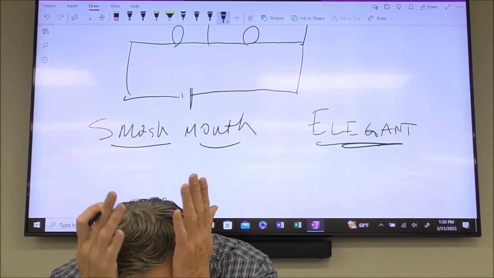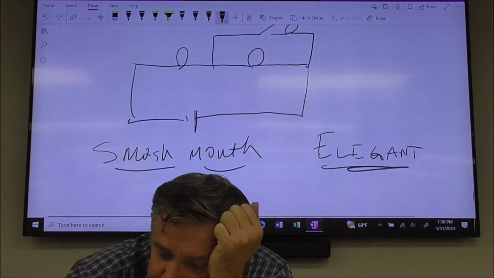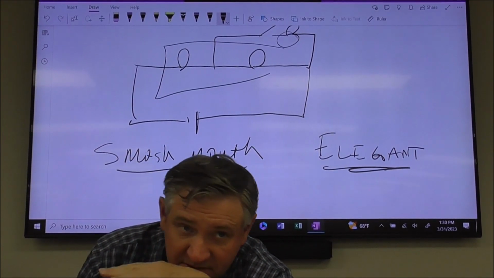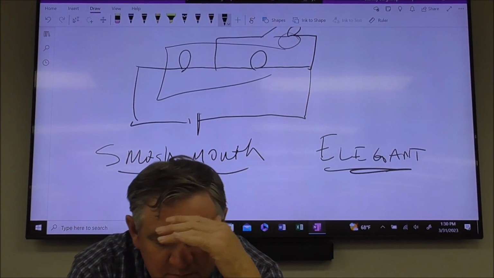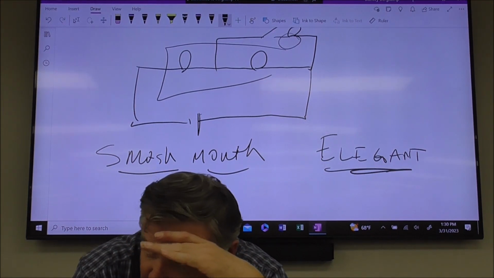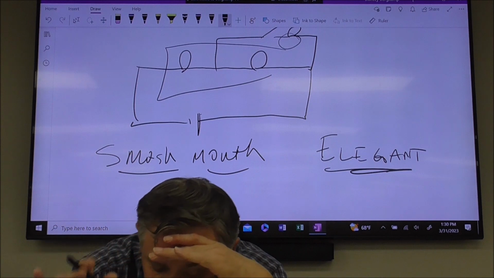So if you do the smash mouth, there's no current going through there. You have two bulbs that are in series. If bulbs are in series, how do you calculate the resistance? Sum them up. Add them straight up, no inverses, nothing.